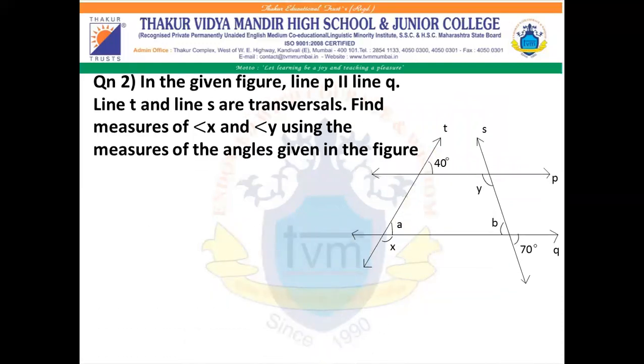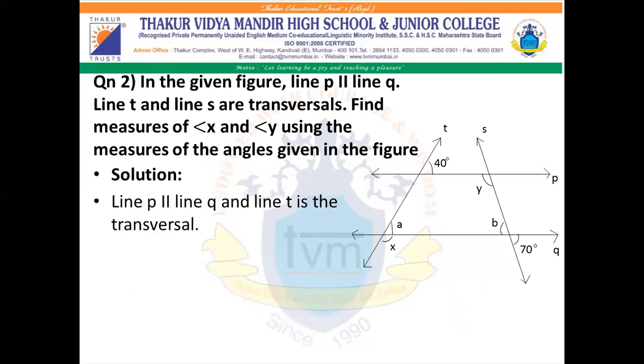In the given figure, line P is parallel to line Q. Line T and line S are transversals. Find the measures of angle X and angle Y using the measures of the angles given in the figure. Solution.